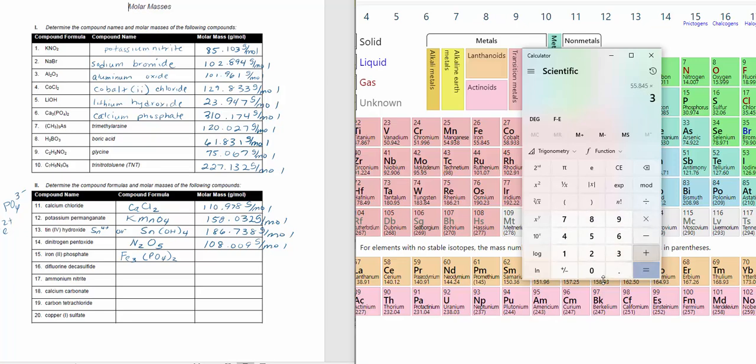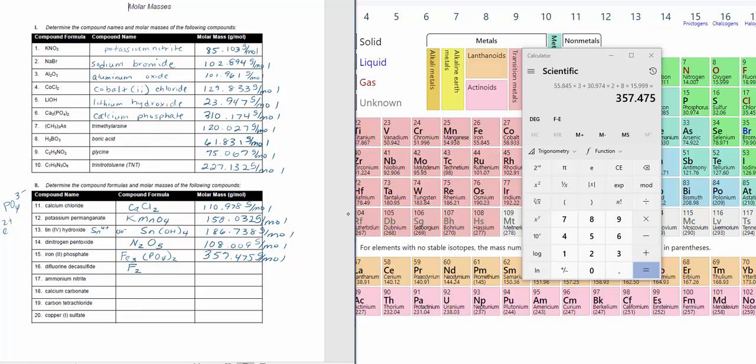So I'm going to multiply that by 3 before I add in 2 phosphorus. Phosphorus is 30.974. It's over here in column 15. And let's see, I have 2 of those, so I need to multiply that by 2. Then I'm going to add in 8 oxygens, so 8 times 15.999. And that's going to give me a total molar mass of 357.475 grams per mole.